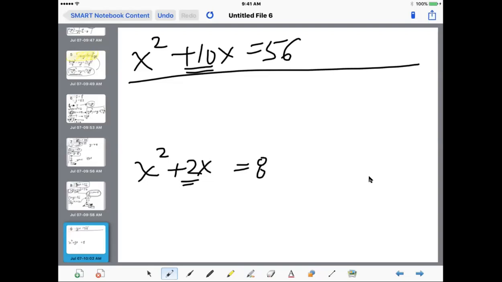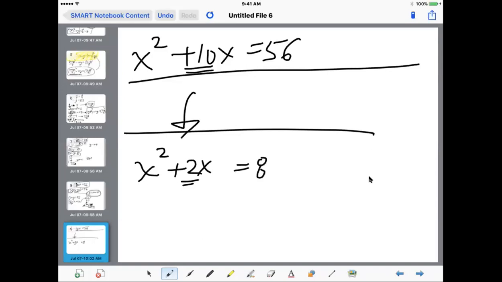How do you complete the square for this bottom question? x squared plus 2x equals 8. This bottom question is like its own question.